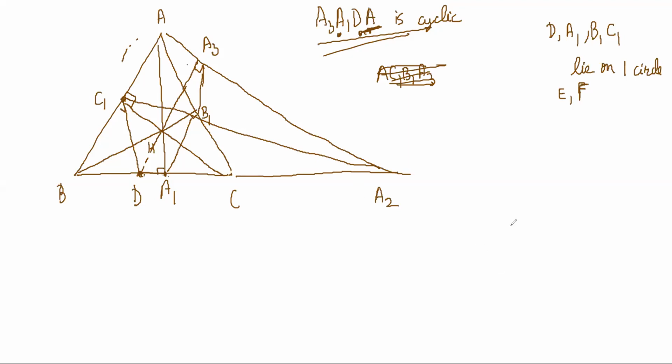So, if we have a quadrilateral like this, we have A, A3, A1, D. This is a cyclic quadrilateral, and we also have A2.